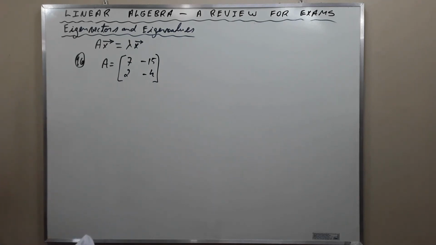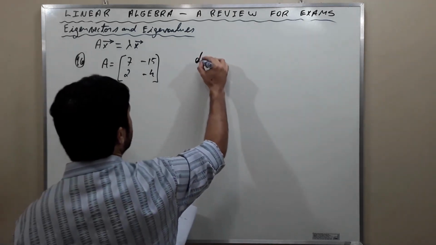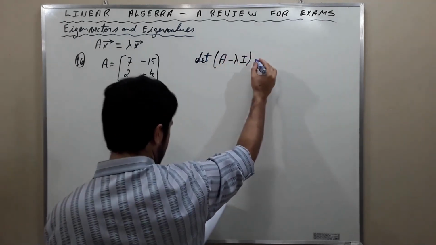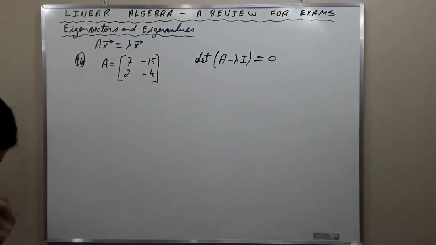Find the eigenvalues of A. And how do we find the eigenvalues of any matrix? We are going to use this expression here: the determinant of A minus lambda I has to be equal to 0. This is the expression that we use to calculate the eigenvalues of a matrix.